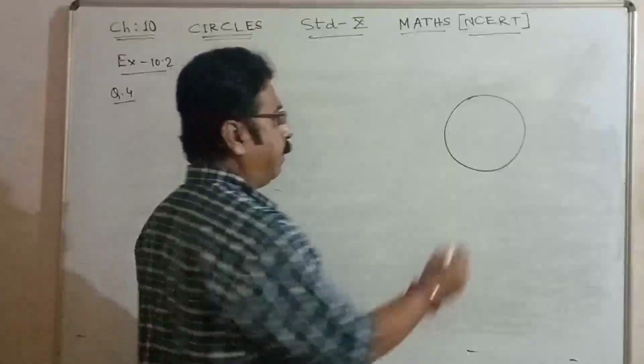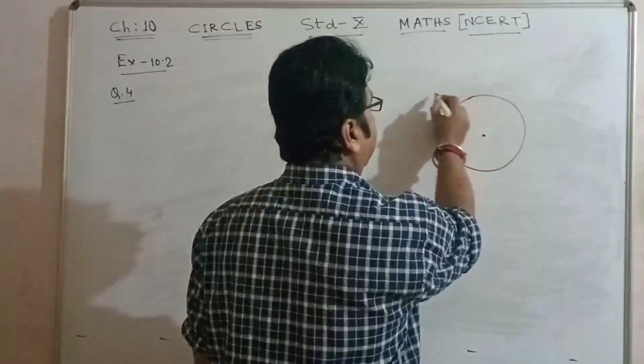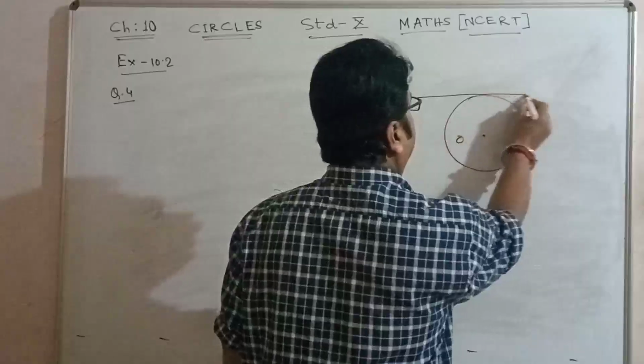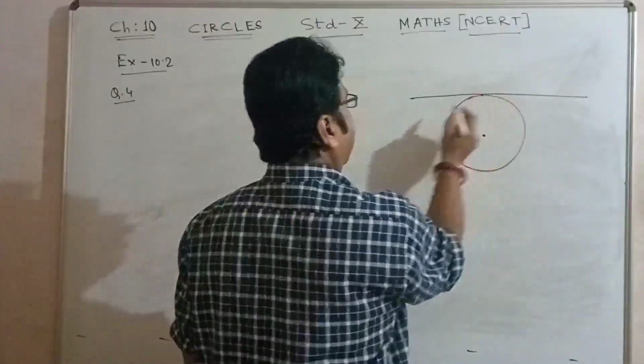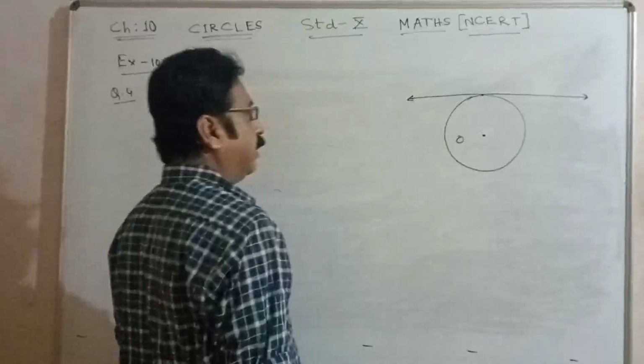This is a circle. Suppose center is O. Suppose this is a tangent.